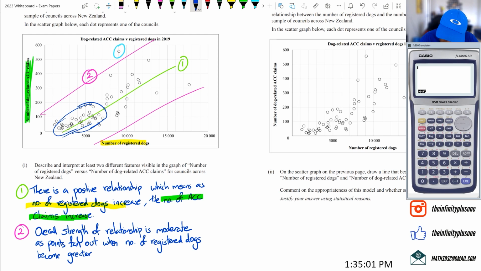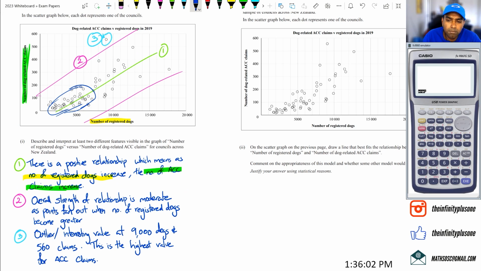Bullet point number 3 is going to be talking about the outlier, which is right here. So bullet point number 3, the outlier, an interesting value. Now that's at 9,000 dogs and 560 claims.